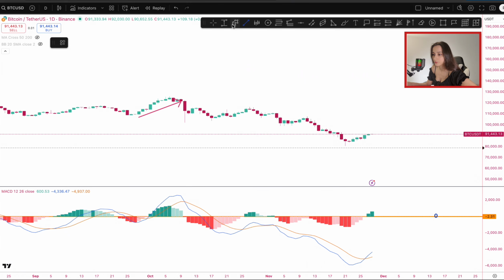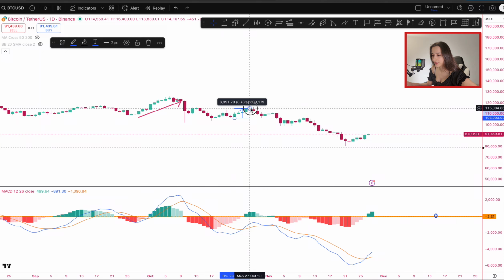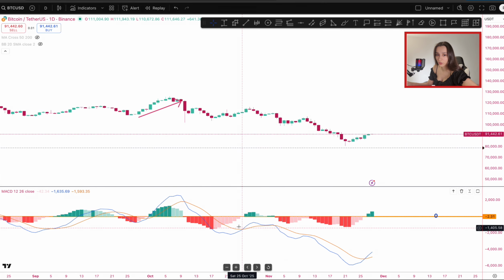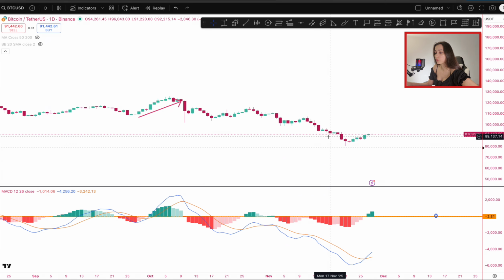As you can see, when you understand this, you can get about 8% profit if you're going long over there. So this indicator is really important to understand price movements and get confirmation about price movement.